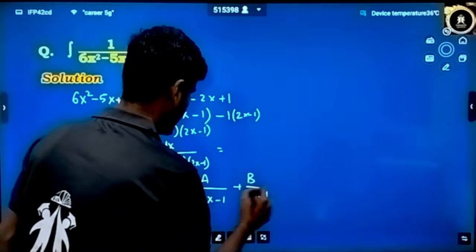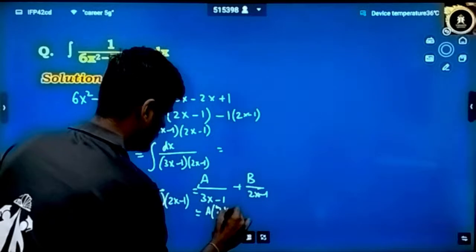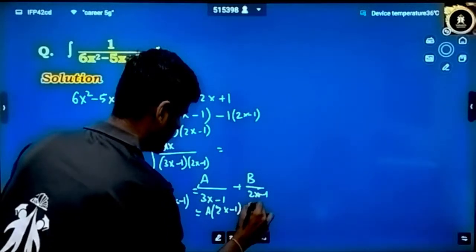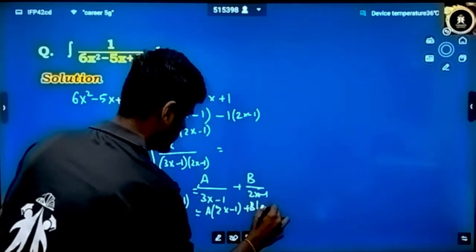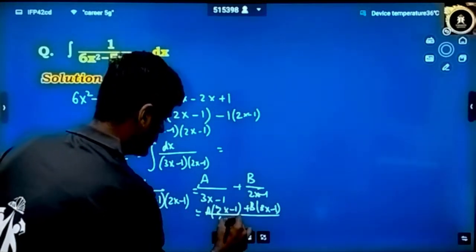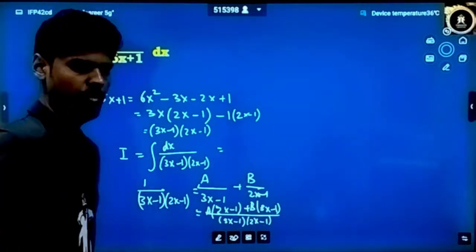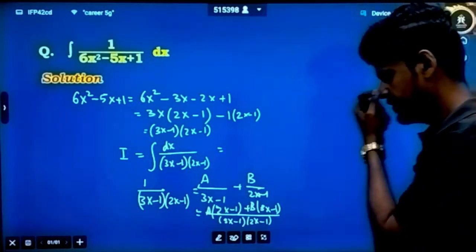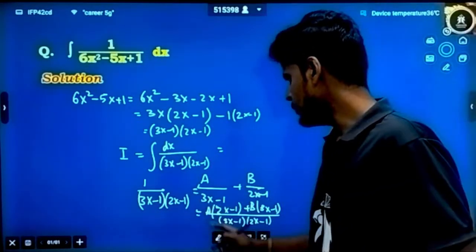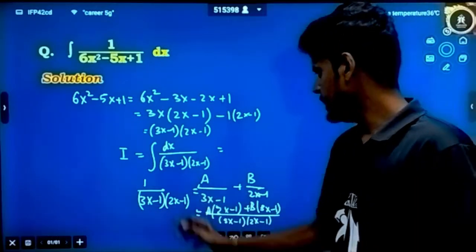We can further write this as a into 2x minus 1 plus b into 3x minus 1 divided by 3x minus 1 into 2x minus 1. Now we have to find the value of a and b. How to find that?